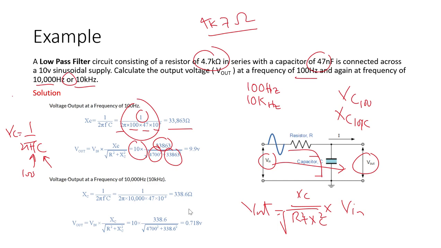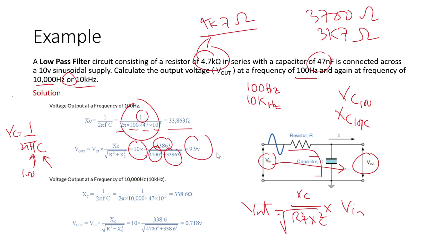Okay, so we can also write it like this. So 3700 ohm would be written as 3k7 ohm. Okay, this was general information just because we had some doubts in it. So we put this for 4700 square and 33863 square, and we got 9.9 volts.